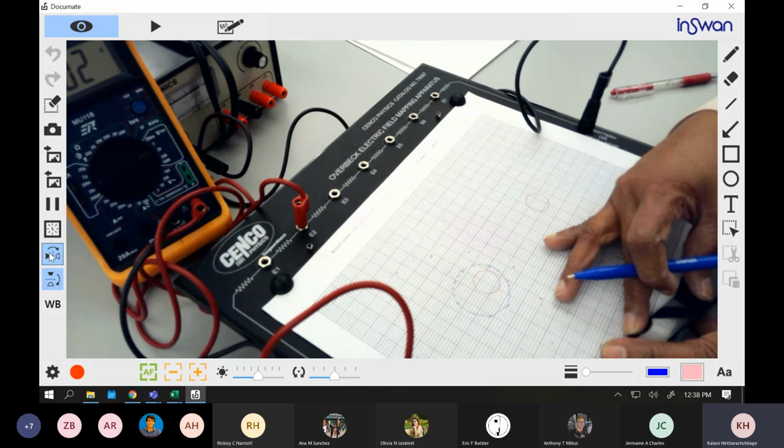Okay, so take around 5 points for that. I don't know why this screen is freezing always. It worked very well in the morning.